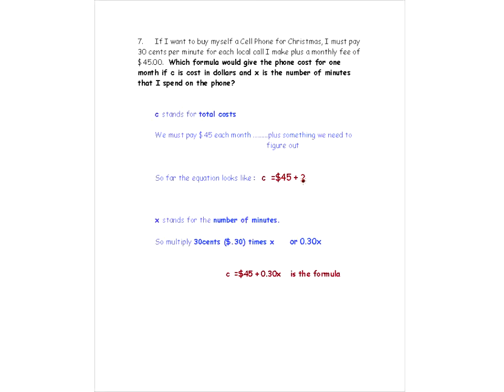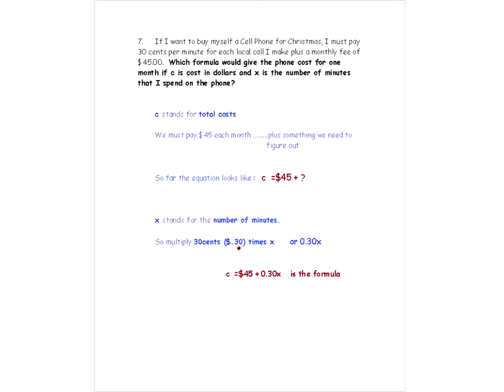So let's figure out the question mark part, the rest of it. Okay, well, we know that X stands for the number of minutes. That's what it says in the question. Now we need to multiply the number of minutes we spend on the phone times the cost for each minute, right? And it tells us in the question it's 30 cents per minute. So we're going to change that into dollars because we already had dollars before, right?